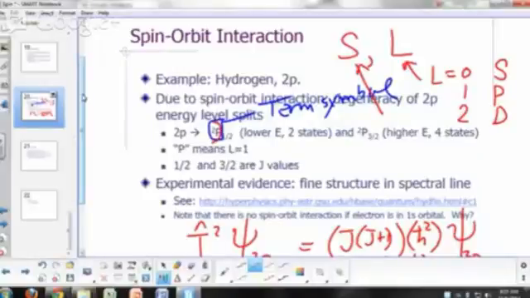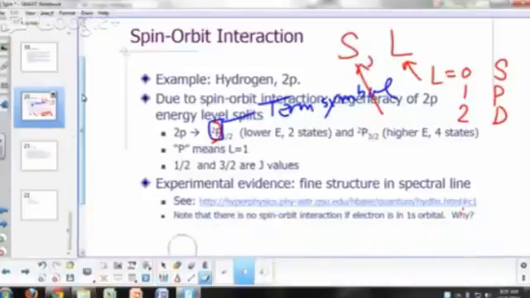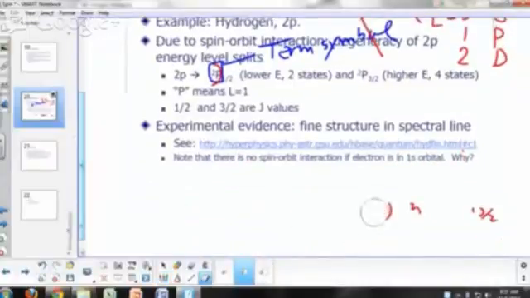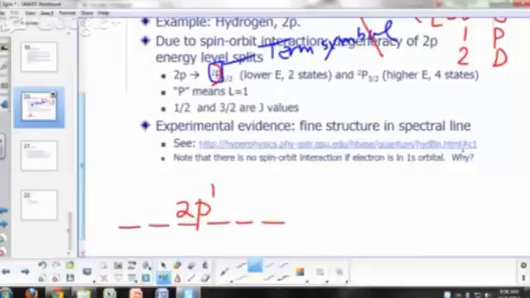So what happens is this: because of spin-orbit interaction, what actually happens is your doublet P, your 2p configuration. We said, having one electron in a 2p subshell, there are how many ways that can happen? What's the degeneracy? 6. 1, 2, 3, 4, 5, 6, right?